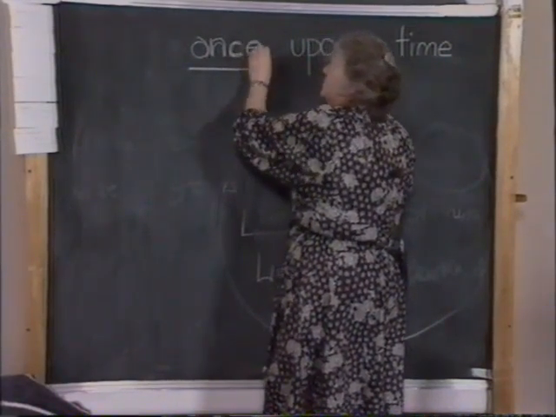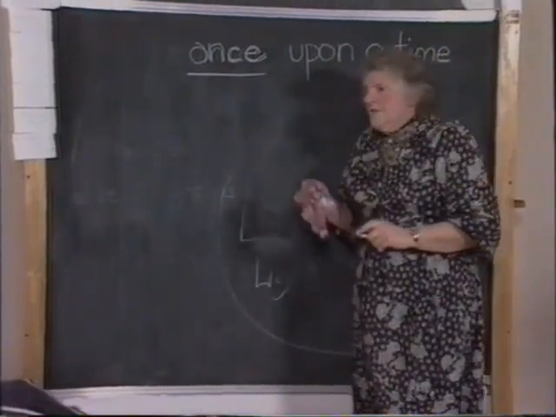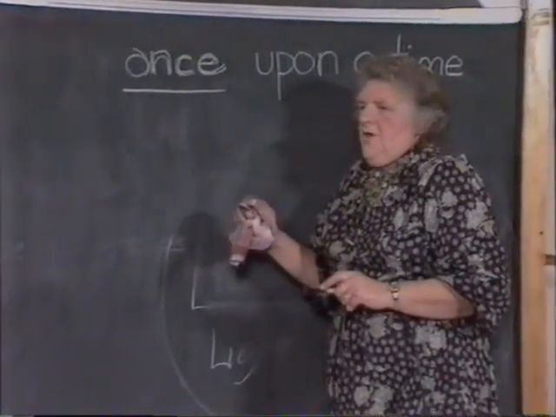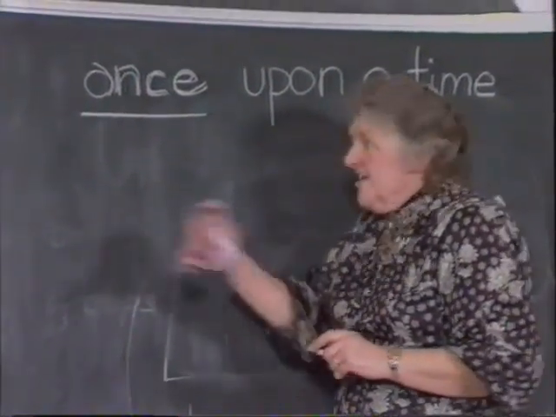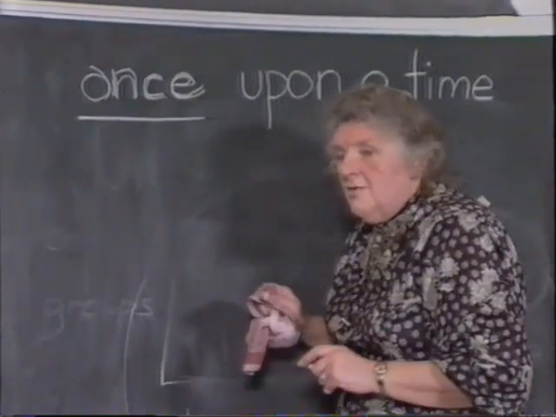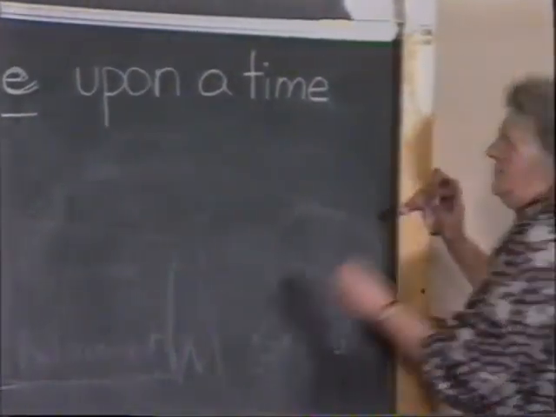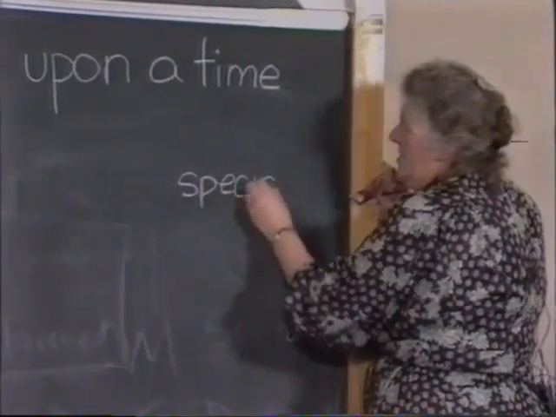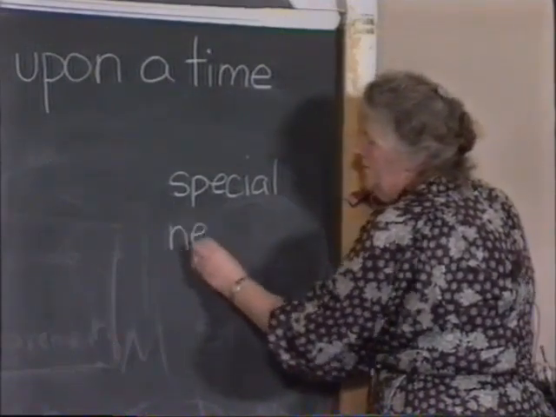I'll have to think of a way. Now, at the moment, the only way I can think of is to say, only once. So I might shade it in a bit more. I don't know, because I haven't got the children here. And somebody else might say, it was so special that they never forgot it.